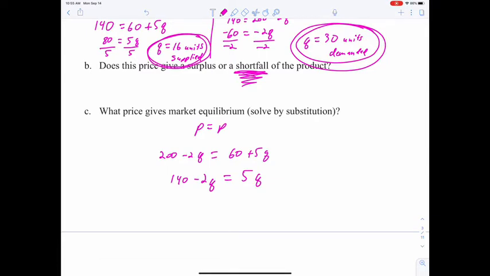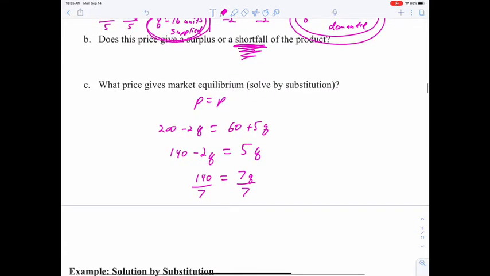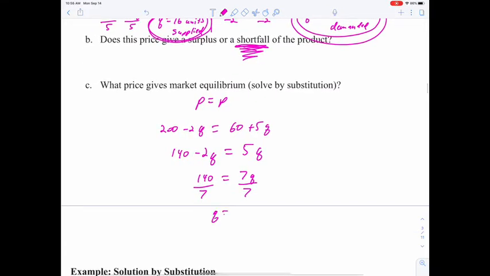Now we want to get all the variables, all the letters, to the other side of the equation. So we'll add 2Q to both sides. So 140 equals, negative 2Q plus 2Q is 0, 5Q plus 2Q is 7Q. And then we can divide both sides by 7. So Q equals 20. And in this case, this is a price. So there we go. $20.